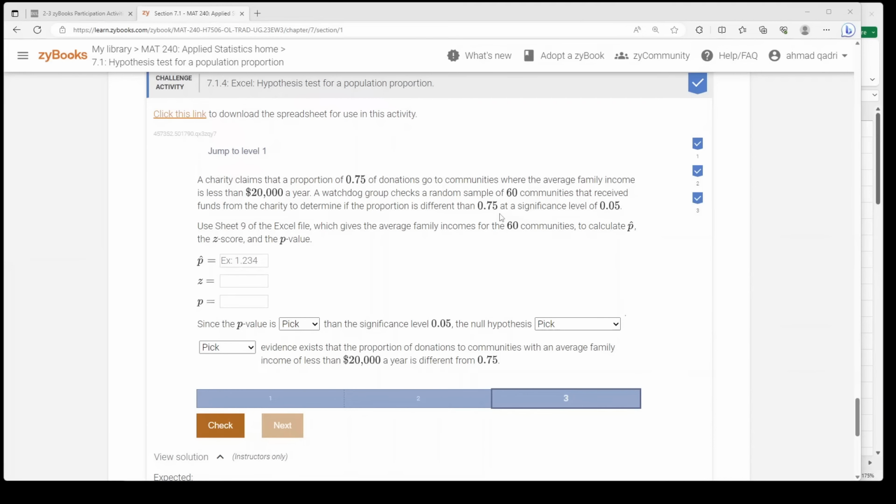Different means this is a two-tail test. It's not a one-tail test. So the alternative hypothesis is P is not equal to 0.75. We need to use sheet 9 of the Excel file that gives average family incomes for 60 communities. So sheet 9 is here.